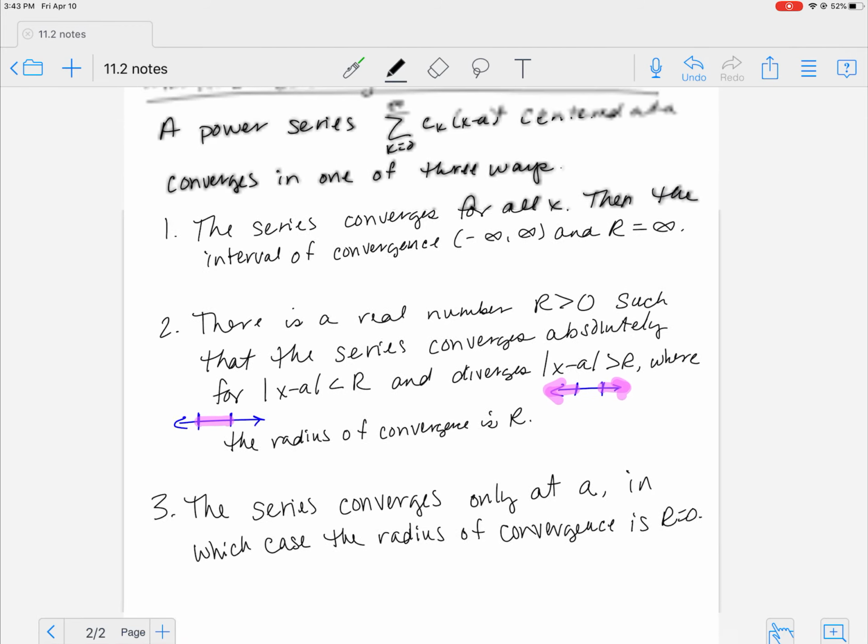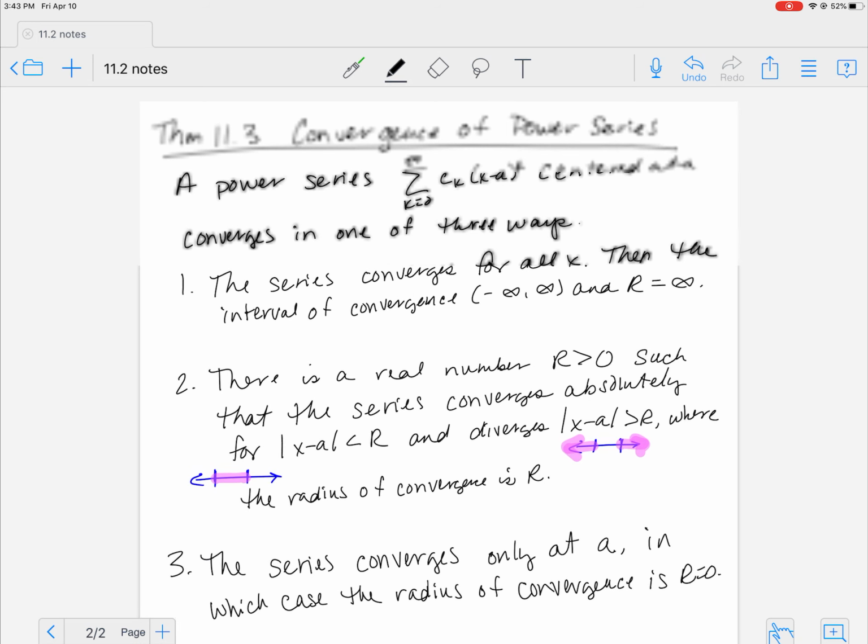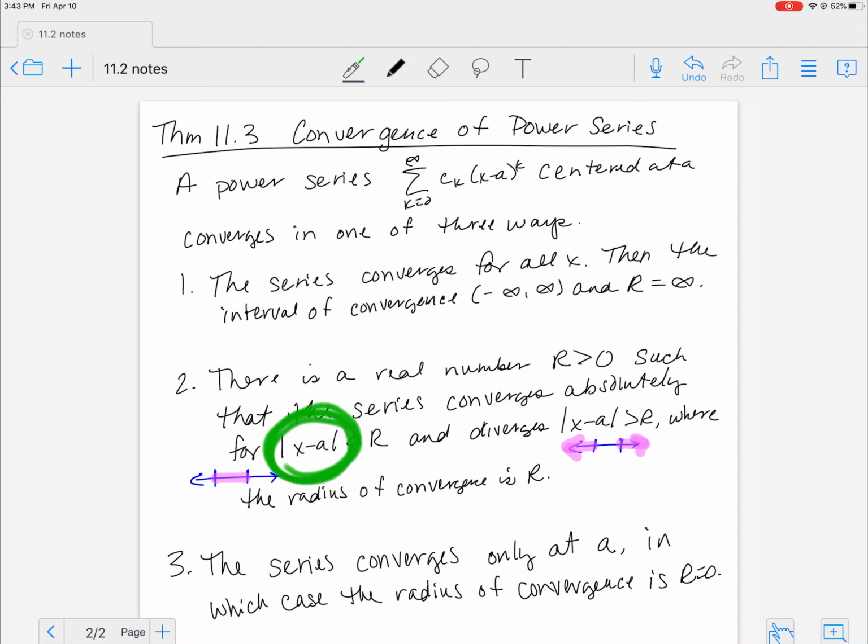All right, so here's the deal, guys. I am not determining divergence here. My focus is on convergence. Now I know in this one it converges just on this interval, so if it only converges on a specific interval, it's obvious that it diverges for the rest of it. But I'm not focusing on the diverging part. I'm focusing on where the power series converges.